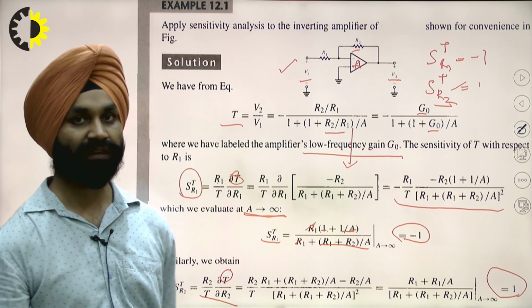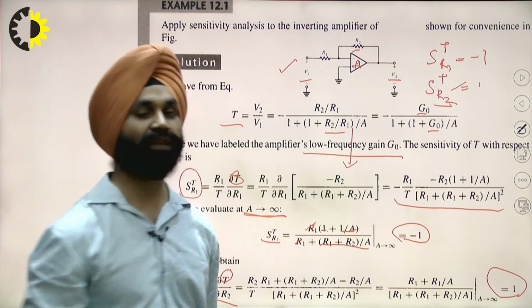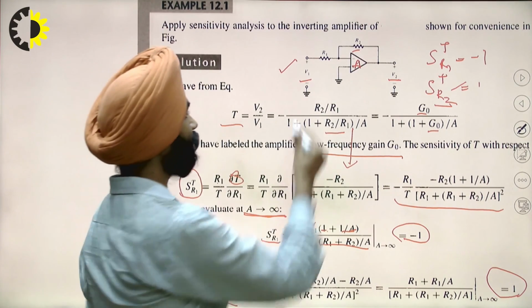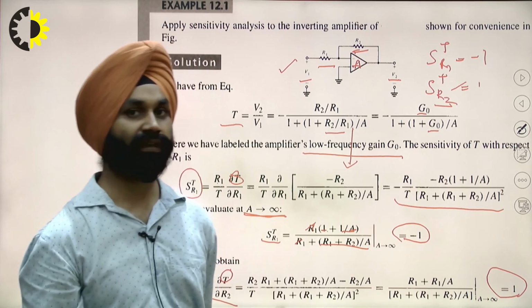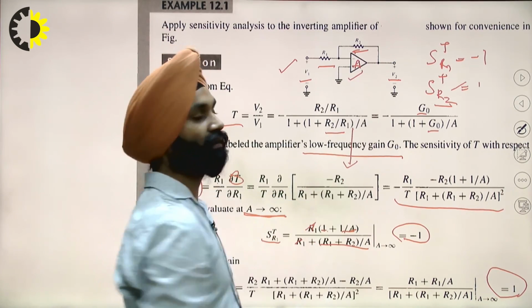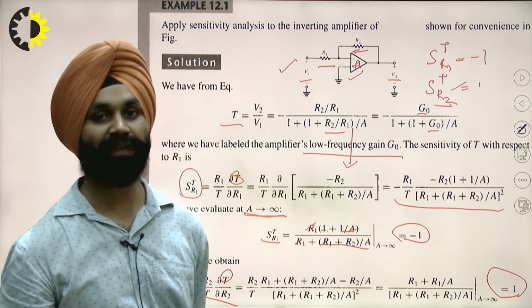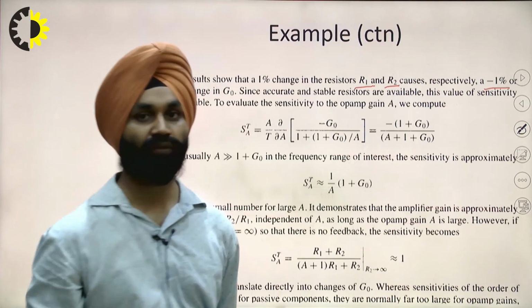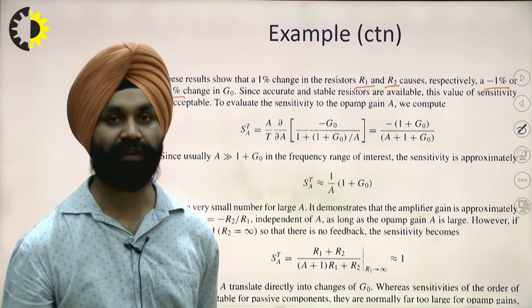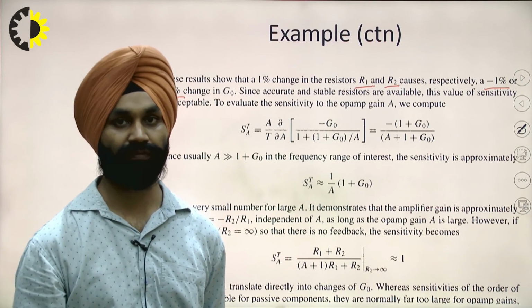So if we see in this figure, we have 3 components which can vary: R1, R2, and the op-amp's gain. We have found R1 and R2. Now we have to find the sensitivity with respect to gain A.